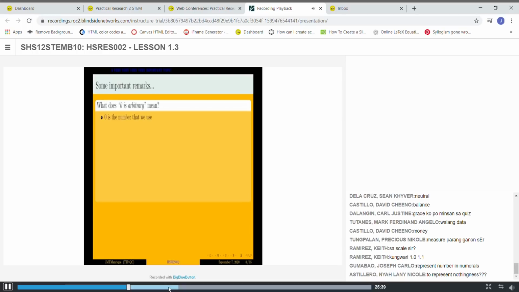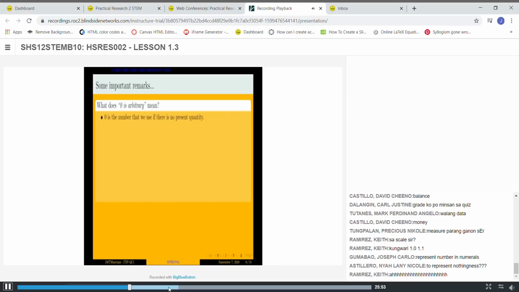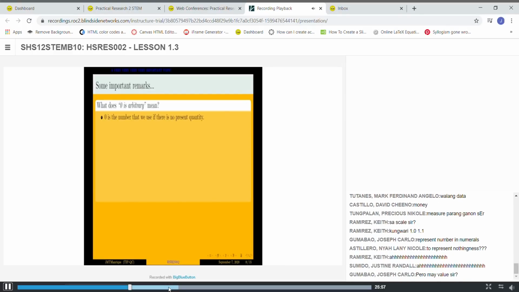Hindi. No. Yun. If we want to quantify the word wala or nothing, gumagamit tayo ng zero. So zero means there is no present quantity. Walang binibilang, walang sinusukat. Okay?